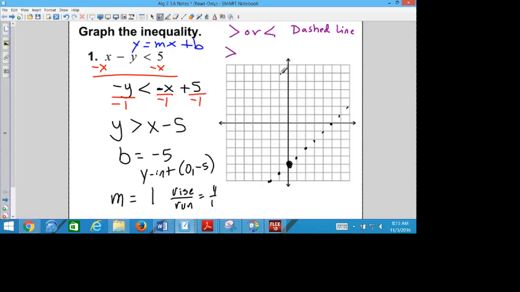If you have a greater than or equal to or less than or equal to, if the symbol has the line, then you do the solid line. So is this one going to be a dashed line or a solid line? All right, this one's going to be dashed. So when you connect it, make it dashed. It's not equal to it.